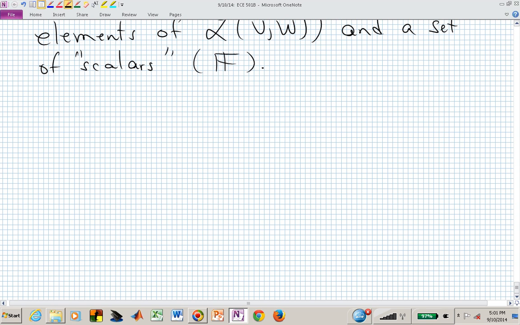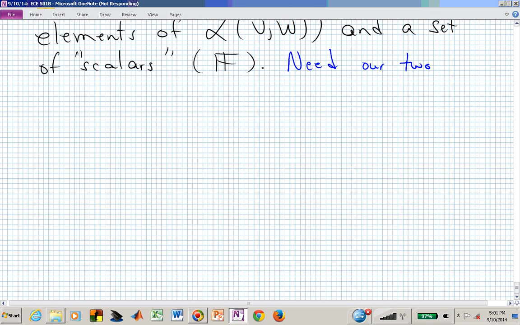Now, in addition to vectors and scalars, if this is going to be a vector space, what needs to happen? We need to have two binary operations, don't we? We have to have addition, vector addition, and scalar multiplication.